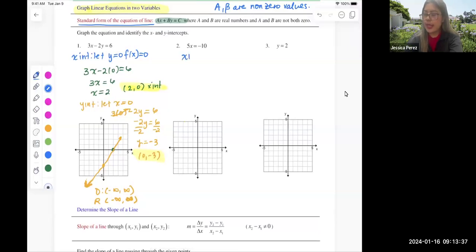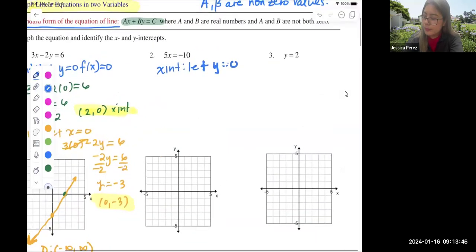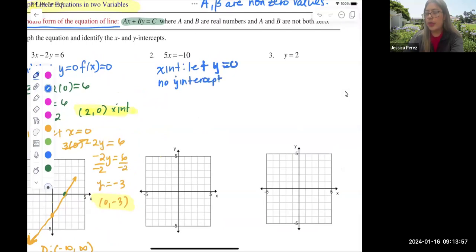So if I want to find the x-intercept, you let y equal to 0, but there is no y component. So then how do I find it? Well, in this case, there's no x-intercept because there's not a y component.